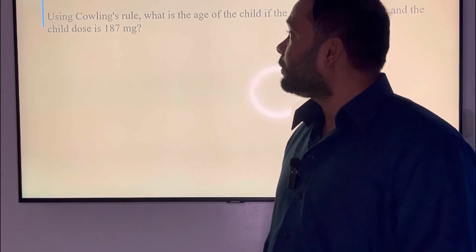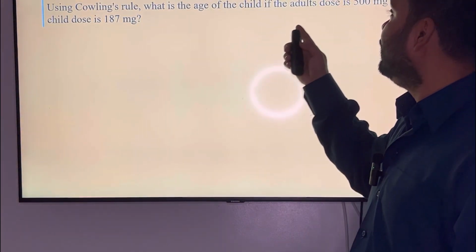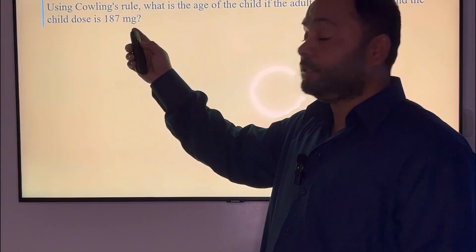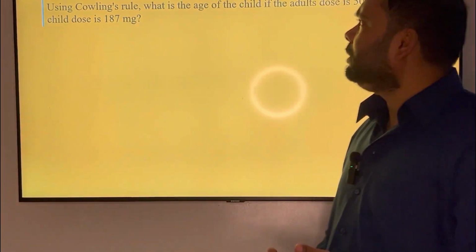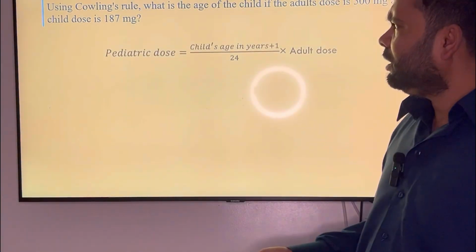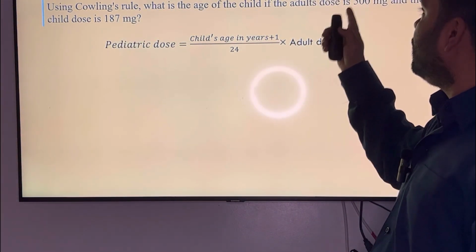Now, using Young's formula, what is the age of the child if the adult dose is 500 milligram and the child dose is 187 milligram? It means in this we have to calculate the child age. Similarly, the child dose is given and the adult dose is given.